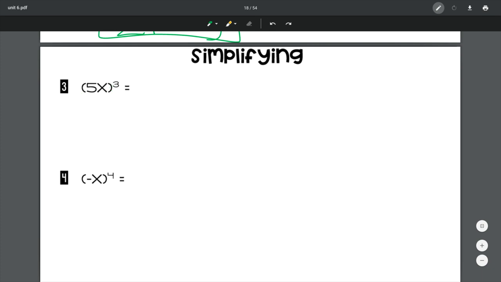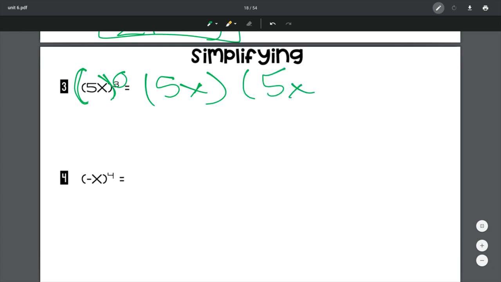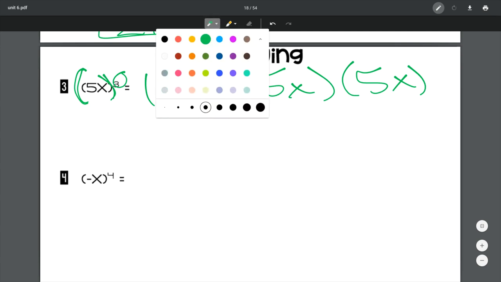So what we are going to have to do is write this entire thing in the exponent 3 times. So it's going to be 5x times 5x times 5x.